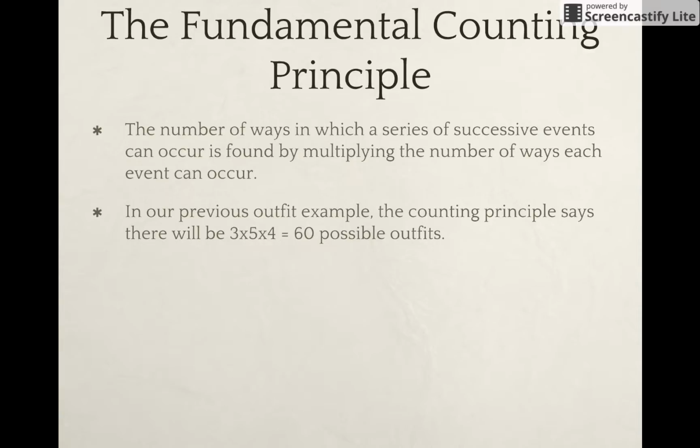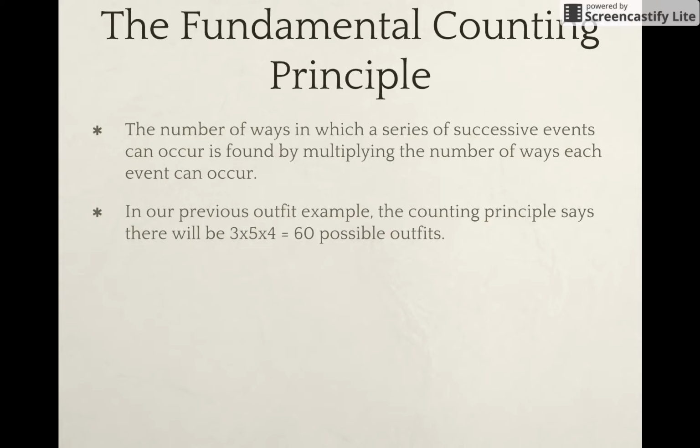The fundamental counting principle states that the number of ways in which a series of successive events can occur is found by multiplying the number of ways each of those events can occur. So in our previous example, we had 3 events as the fundamental counting principle would define those.